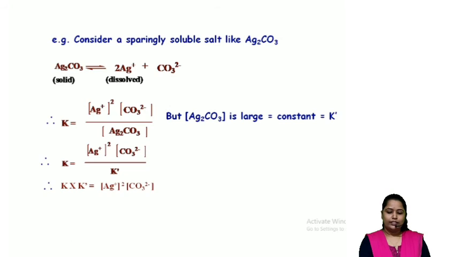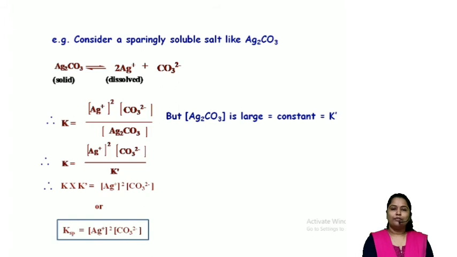The product of two constants is a constant, and in place of K into K' we write Ksp. Therefore Ksp, the solubility product constant, is equal to [Ag+]^2 [CO3 2-]. It is the expression of solubility product for this salt Ag2CO3.